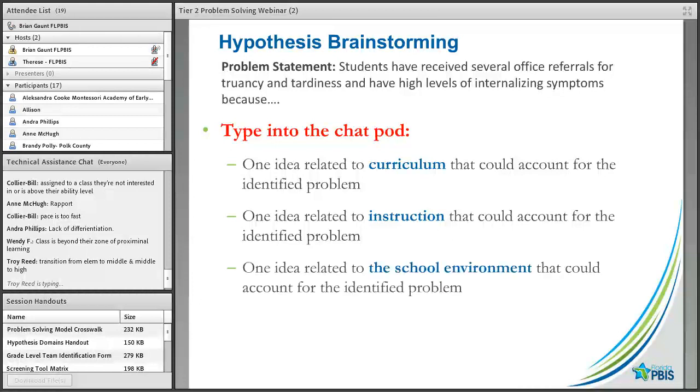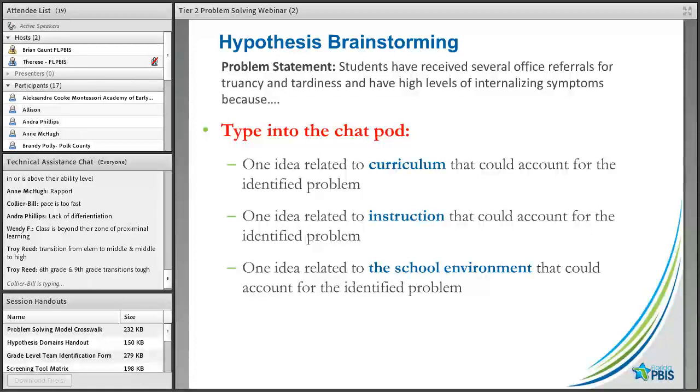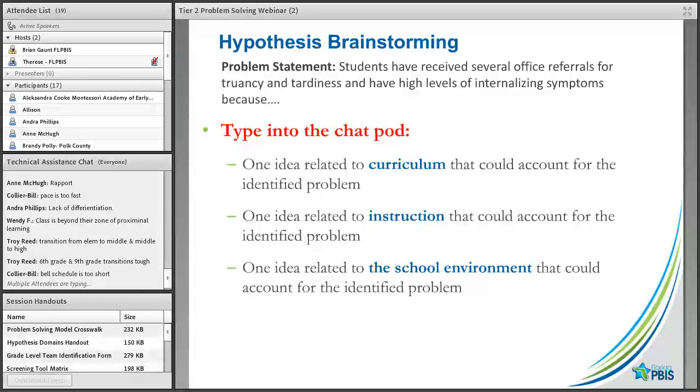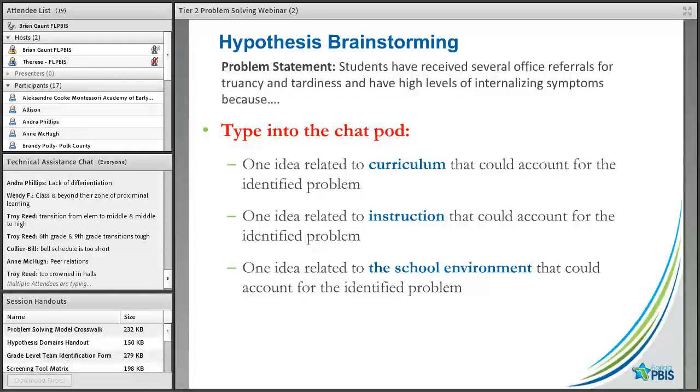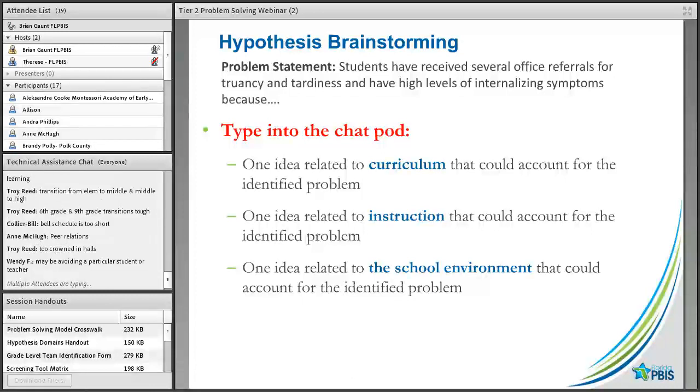What about school environment? Are there any hypotheses within the domain of school environment? Schedule's too short. All right, good. That's good. Yeah, peer relationships. All right, so again, it could be a very negative climate. Maybe there's lots of hostility and conflict or poor peer relations.